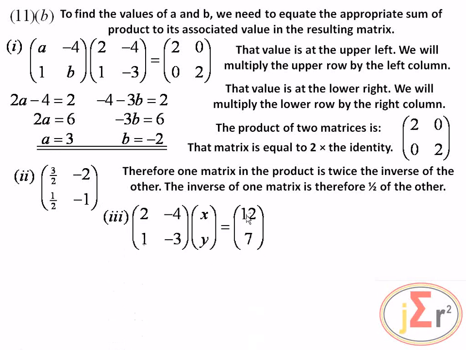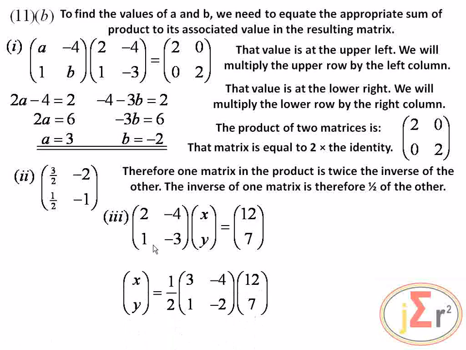Next, we are required to use this inverse to solve this equation. Therefore, in solving this equation, we should multiply this side by the inverse of this matrix, which will eliminate the matrix from this side, and we need to do that on the other side also.